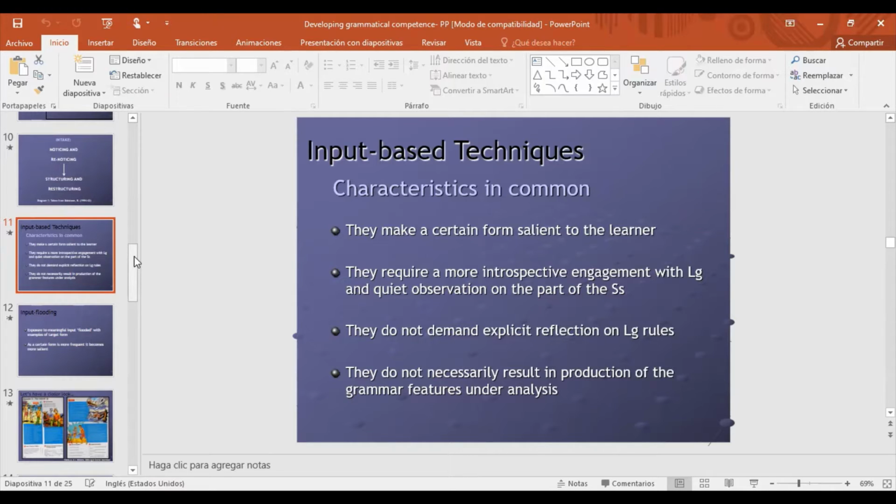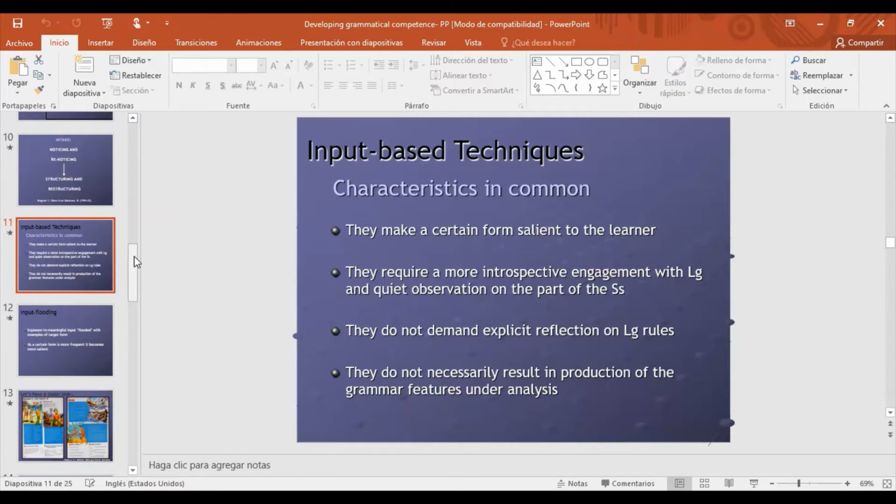They do not demand explicit reflection on language rules, with the idea that if there is a lot of information in the inputs students get, and many instances in which a particular bit of language or a particular structure is presented, the students will not require the teacher explaining overtly what or how this particular bit of language works.